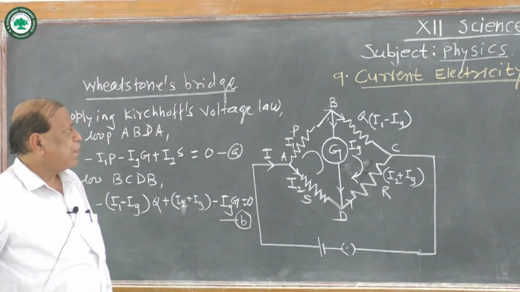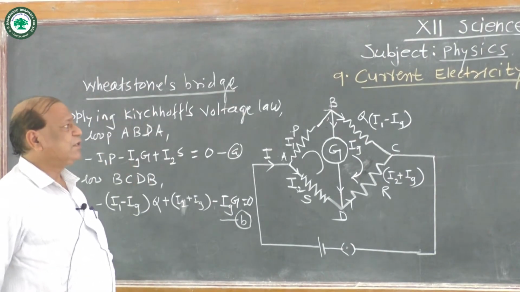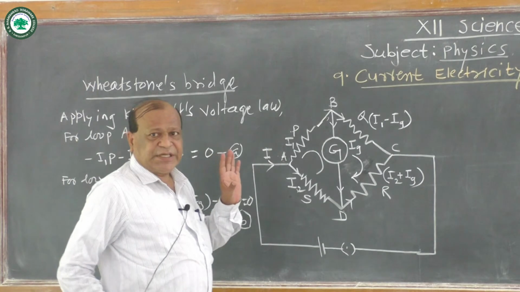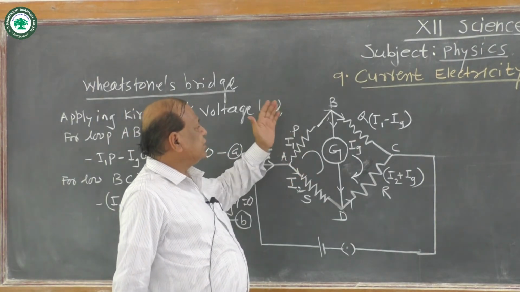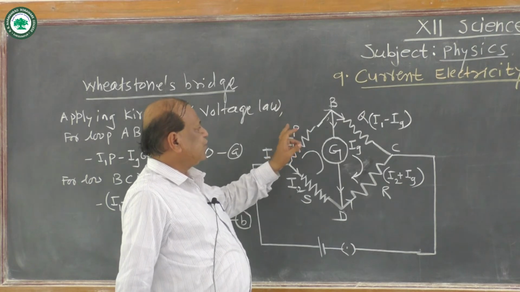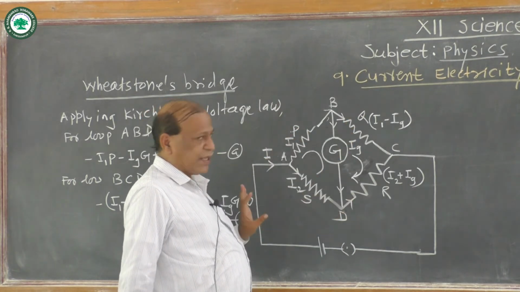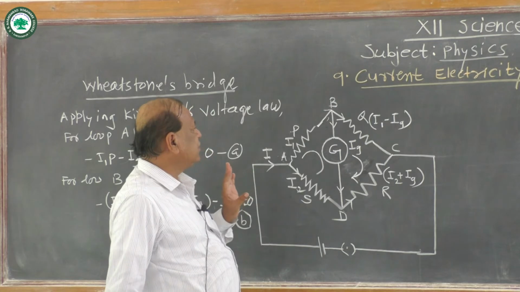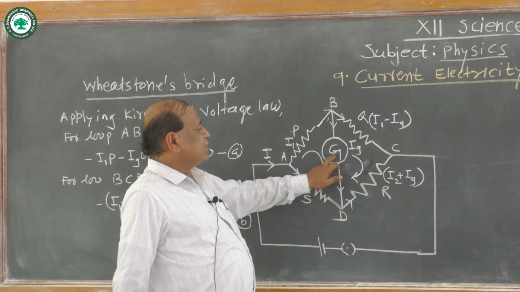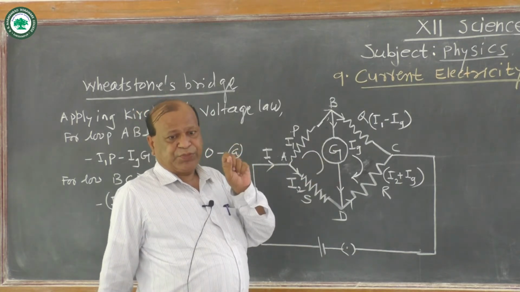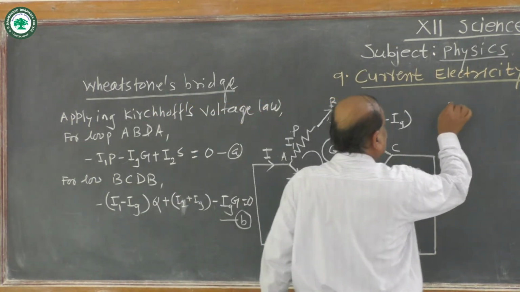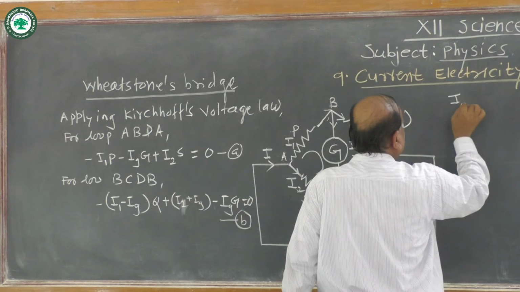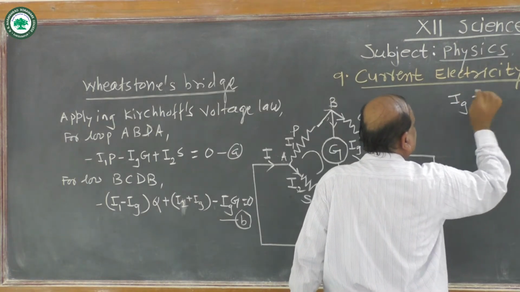Now for Wheatstone's bridge, there is a balancing condition: by changing the resistances P, Q, R, S, the galvanometer G shows zero deflection. That is, the current flowing through the galvanometer is 0.